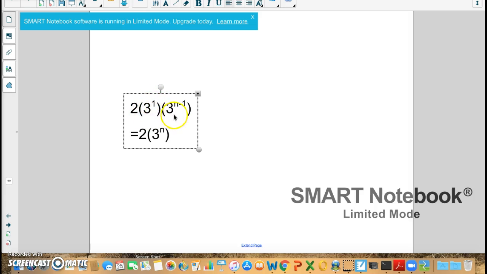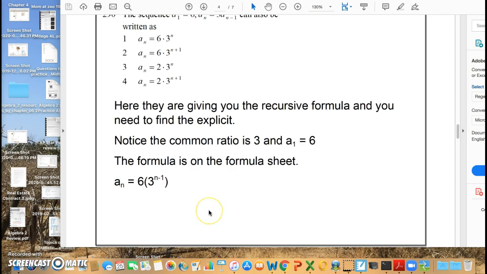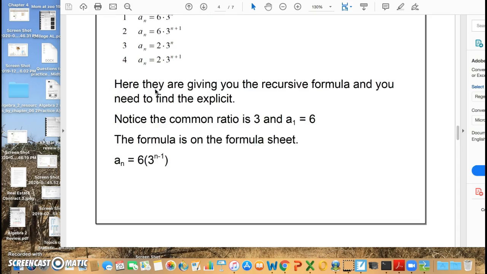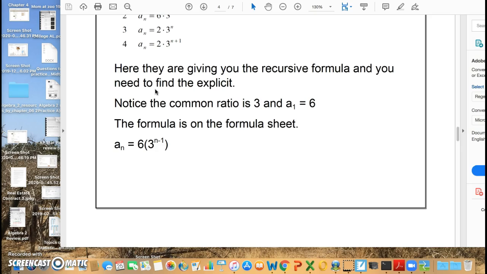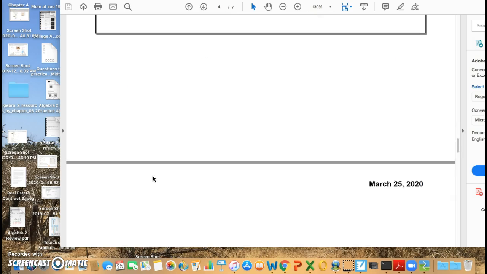Notice how you can combine these two with the same base by adding the exponents, and that's where you get your answer, that it equals 2 times 3 to the n. Hence, when I get down here, I can come up here and realize that it's the same as choice 3. So they're testing not only your sequence knowledge, but your exponent rules as well.